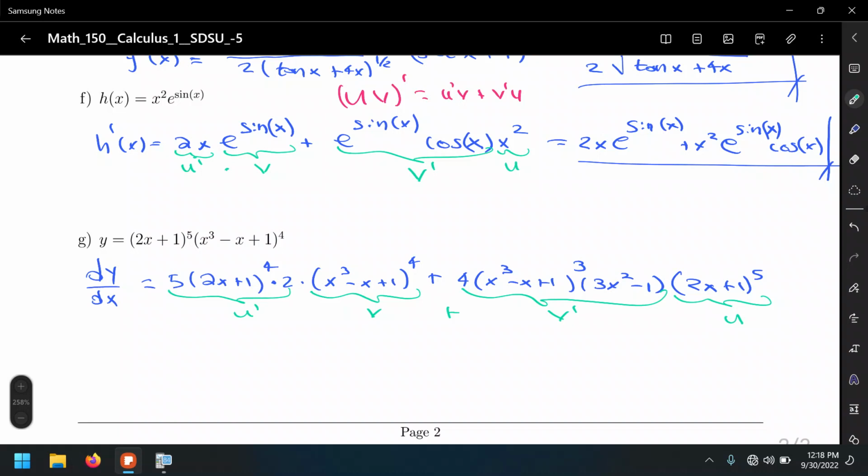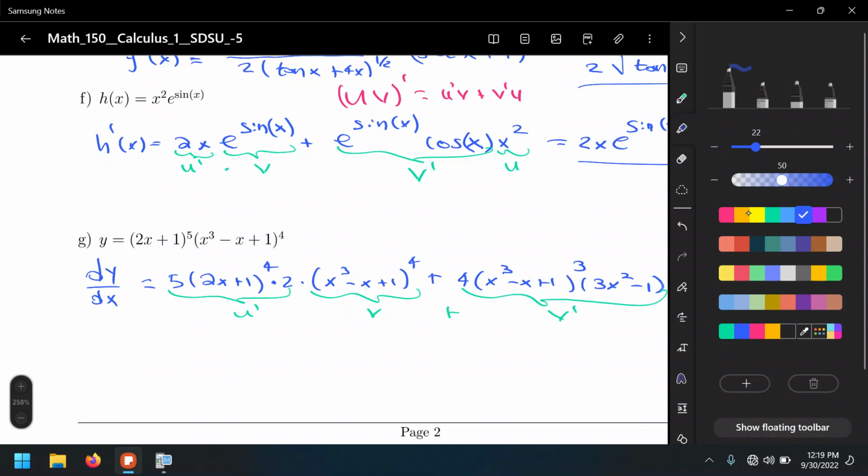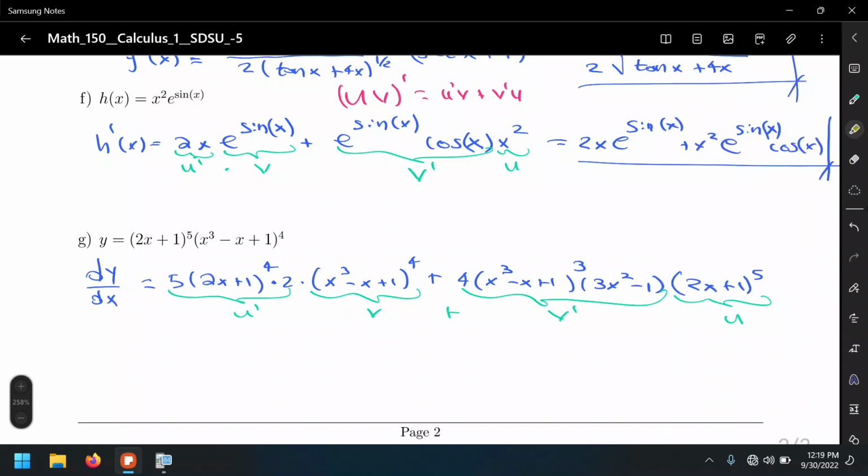Okay, so how do we simplify this madness? Well, if you want, you can FOIL this trinomial, but you don't want to do that. Instead, we're going to factor the greatest common factor. Let's identify the different factors. I'm going to highlight with different colors so you can see the different ones. Let me use this yellow.